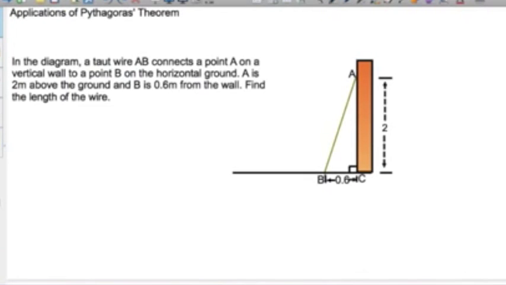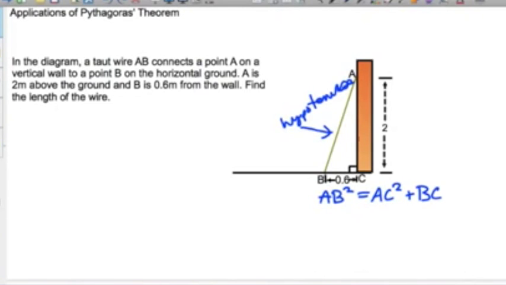All right, so first thing I'm going to do is take a look at the Pythagorean theorem, and I see that this section AB is my hypotenuse. So I'm going to set this up as length AB squared is going to equal AC squared plus BC squared.